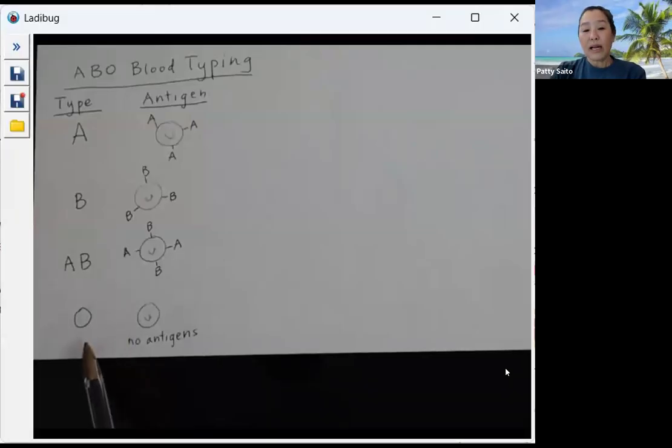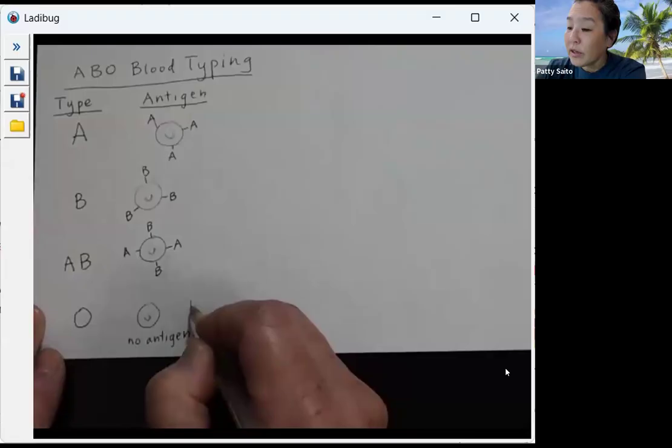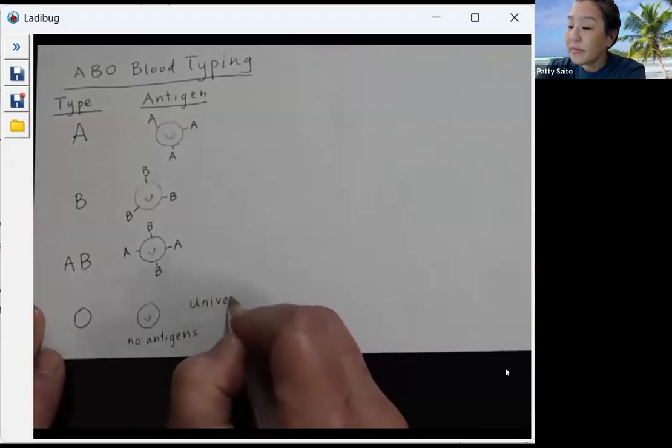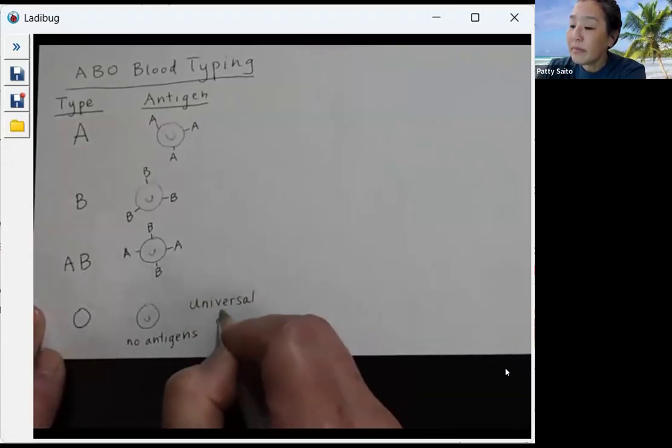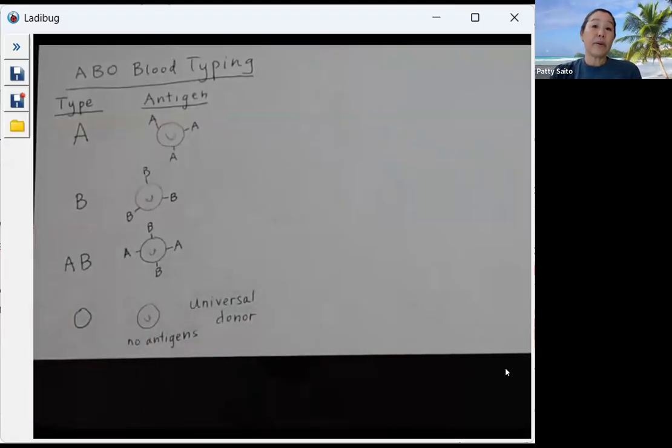So O-type blood is what we call the universal donor. Because you can give it to anybody and it won't cause a reaction. Does that make sense? All right.